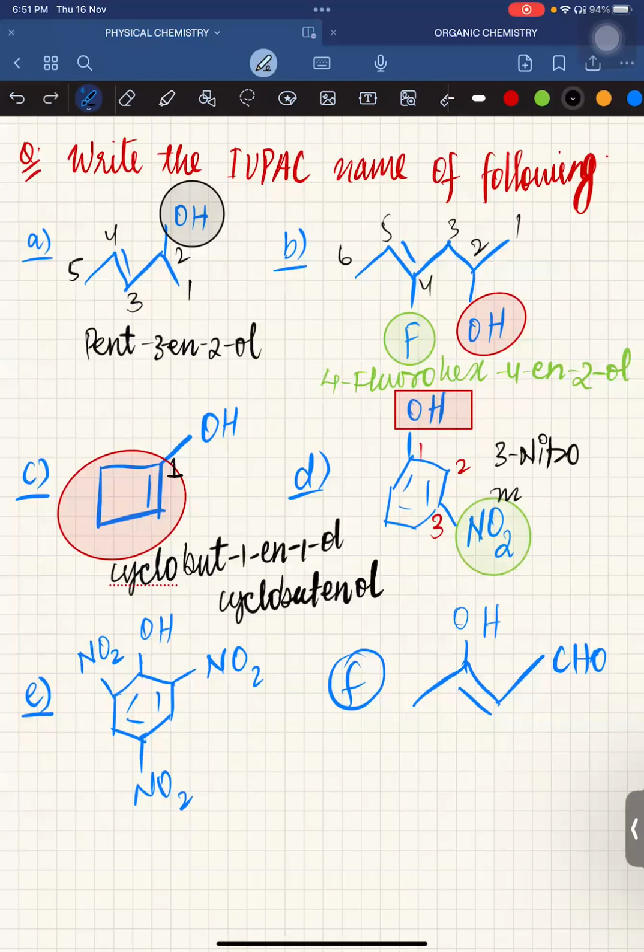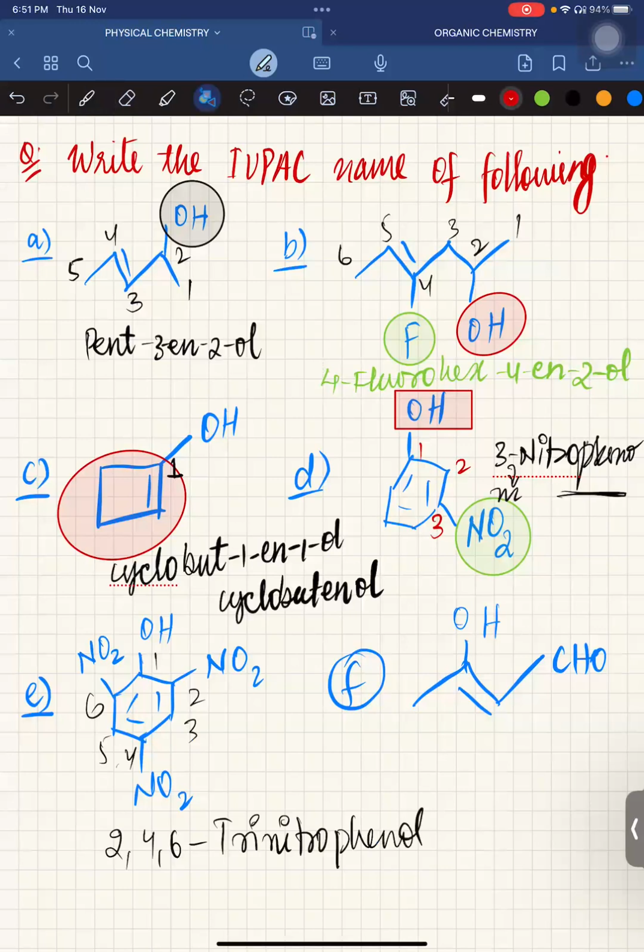And this is your phenol. So you can directly write phenol. For this, 1, 2, 3, 4, 5, 6. So this we can write 2,4,6-trinitrophenol.